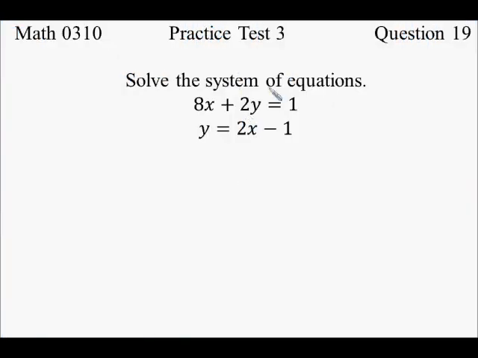Question 19, solve the system of equations. If we look at this system here, 8x plus 2y equals 1, y equals 2x minus 1, we might notice the second equation is already solved for one of the variables. In other words, y is the same as 2x minus 1.